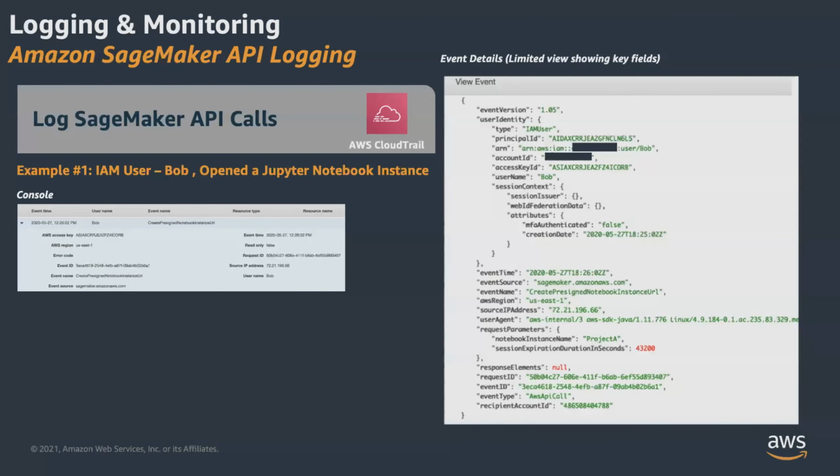For example, like this one. If there's a developer called Bob, and he starts to open a SageMaker notebook instance on SageMaker, then in CloudTrail, you can have a look like this one. The event detail will tell you which users are calling which actions on SageMaker. So that's the benefit of this one.